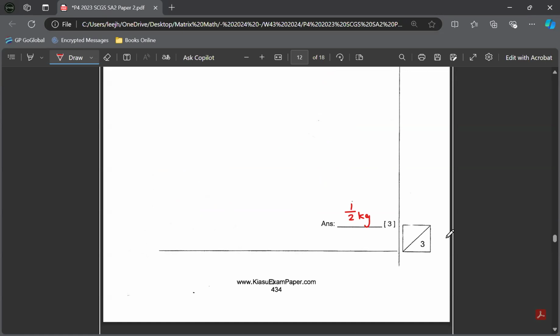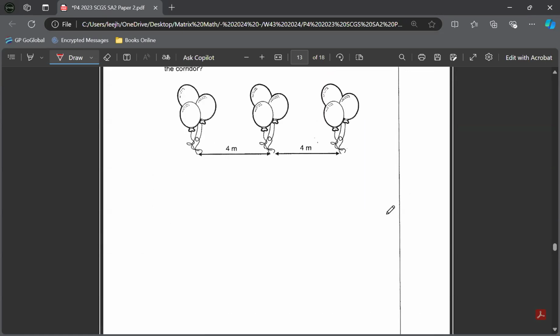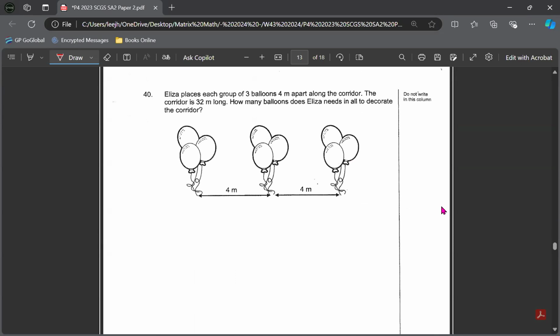Okay. Question number 40. Eliza places each group of three balloons 4 meters apart along a corridor. The corridor is 32 meters long. How many balloons does Eliza need in all to decorate the corridor? So you can see from one group of balloons to another is one interval, which is 4 meters.